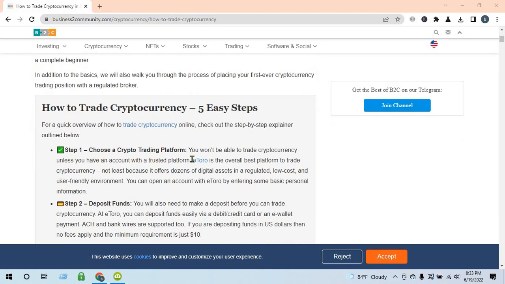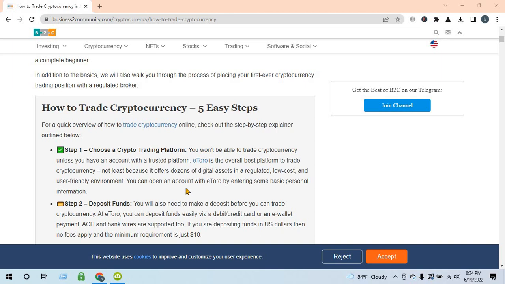Step 1, choose a crypto trading platform. You won't be able to trade cryptocurrency unless you have an account with a trusted platform. eToro is the overall best platform to trade cryptocurrency, not least because it offers dozens of digital assets in a regulated, low cost and user friendly environment.